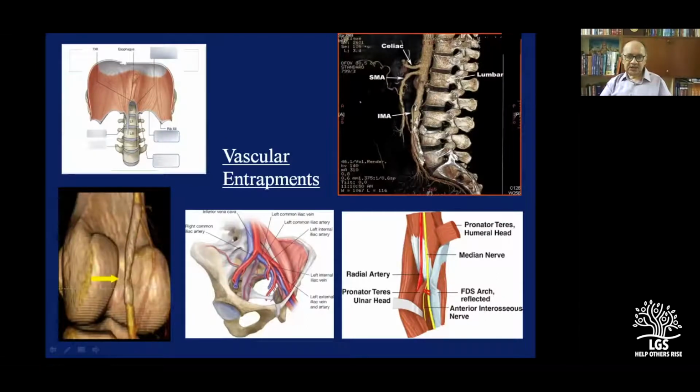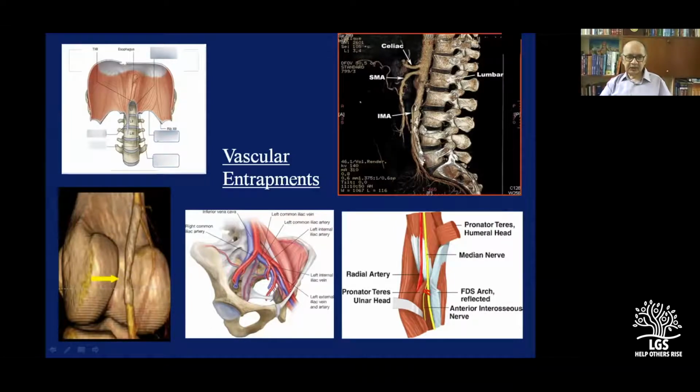And then there are entrapment syndromes that are similar to thoracic outlet syndrome. You can have it in the popliteal area. You can have it in the celiac axis area, where the celiac axis of the aorta comes out from the thorax a bit earlier and then meanders its way through the arcuate ligament. It gets compressed.